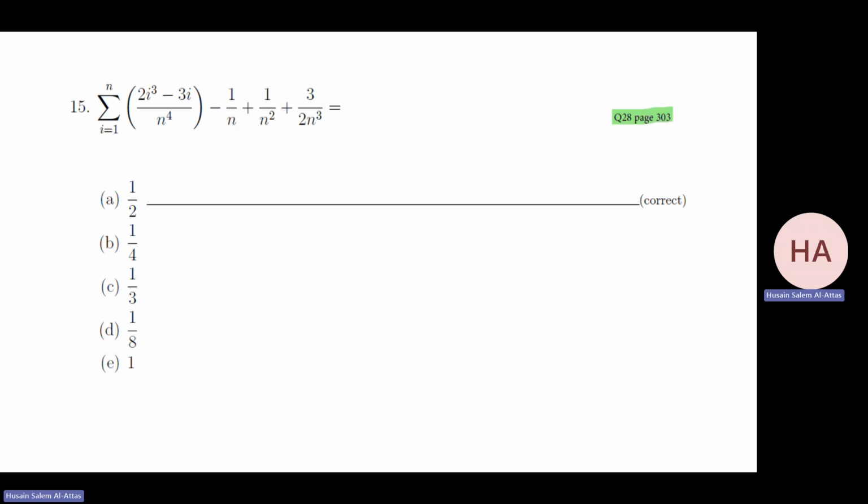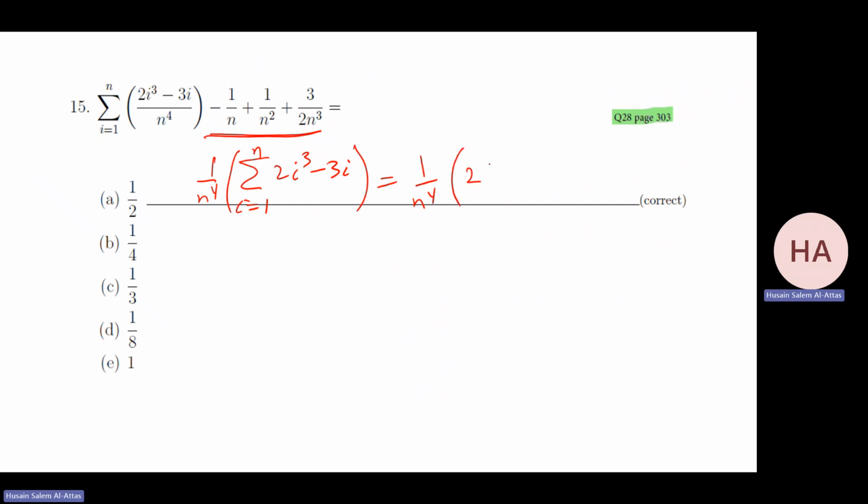Okay. This summation, same idea. I'll take 1 over n to the power 4 outside. That will be the summation, i equals 1 to n, of 2i cubed minus 3i. I will use this at the end. Let me do the calculation, then I will add or subtract these things. So that will be 1 over n to the power 4.